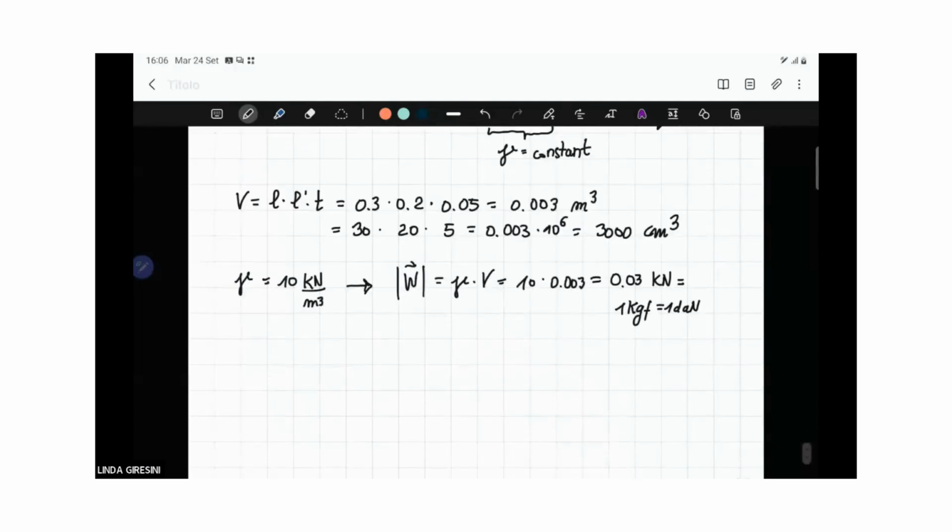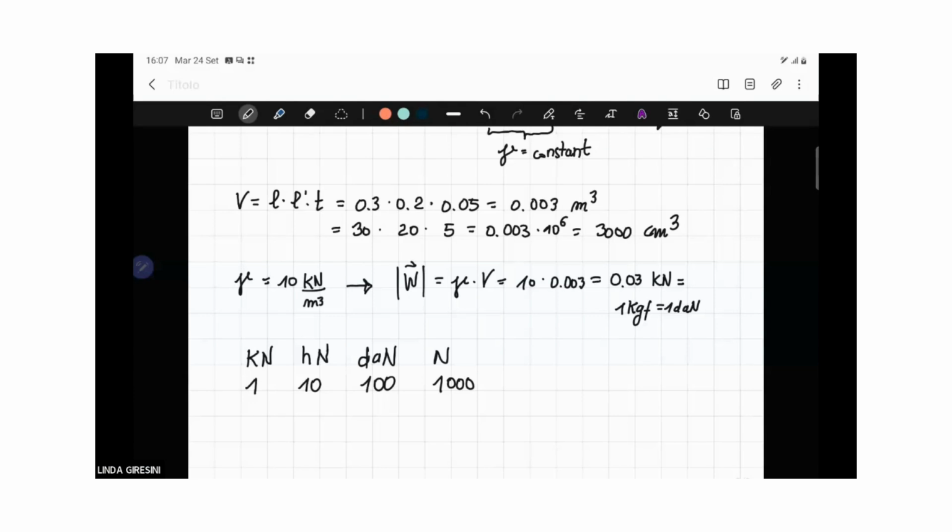Excuse me, you have kilonewtons, then hectonewtons, decanewtons, newtons, and so on. So 1 kilonewton is 10 hectonewtons. 1 kilonewton is 100 decanewtons, and 1 kilonewton is 1000 newtons.